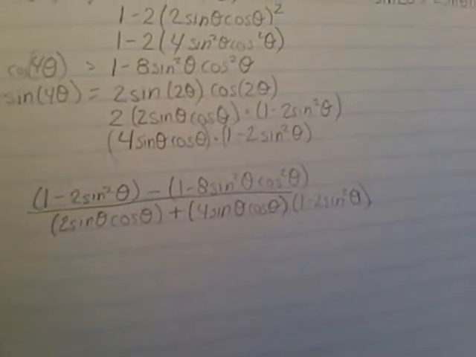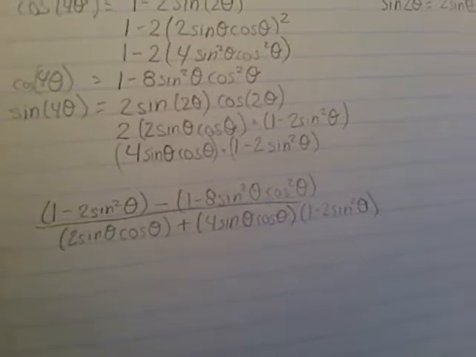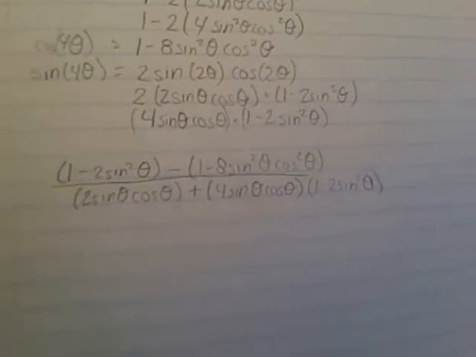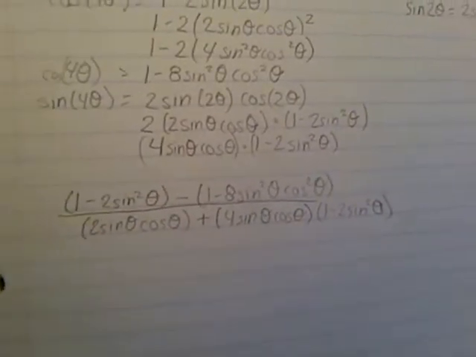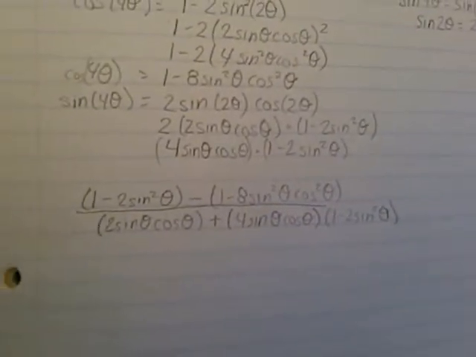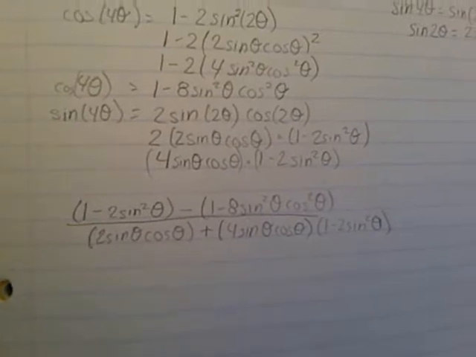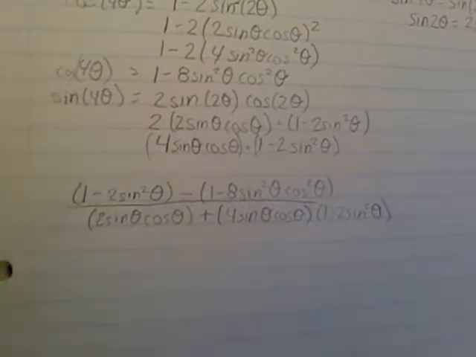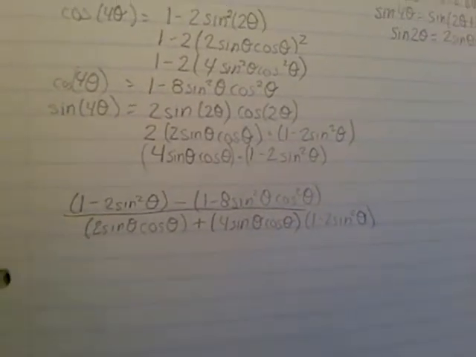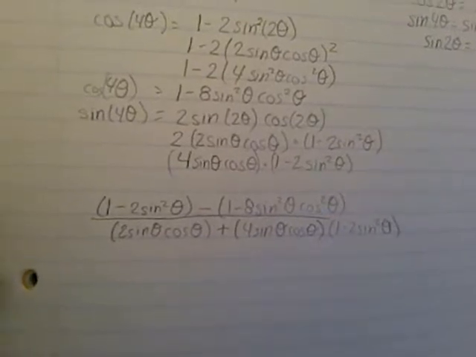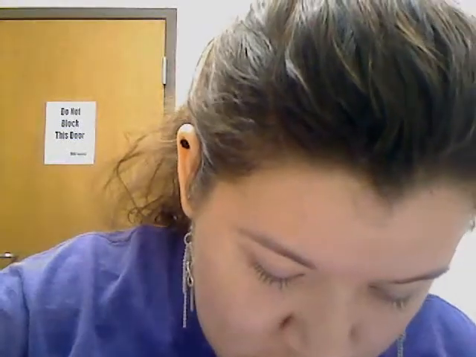So what you're going to want to do from here is get the expression as simplified as possible. So we can try to see if we can cancel anything out from the top and the bottom. You're going to factor something out from top and bottom to cancel them out. From the top, you want to factor out a negative 2 sine squared theta.